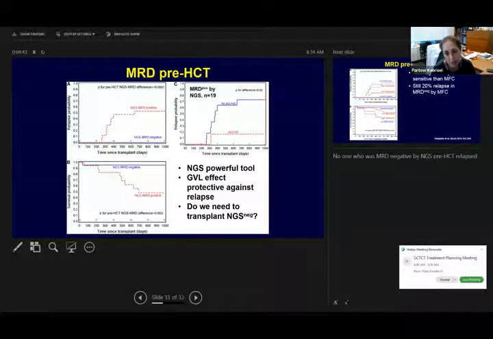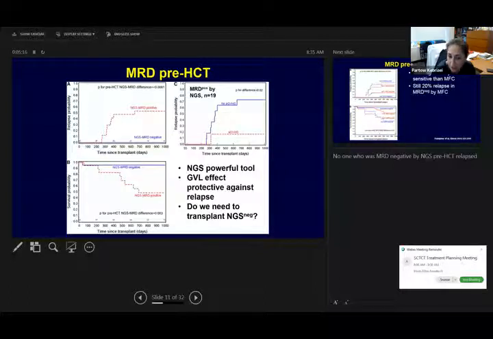And then panel C is quite interesting because they took those patients that were MRD positive by next-generation sequencing, a small number, only 19 patients. But interestingly, and not surprisingly, what they showed is those patients who developed acute graft versus host disease had a significantly lower rate for relapse compared to the patients who did not, illustrating very nicely the graft versus leukemia effect that we hope for when we do a transplant.